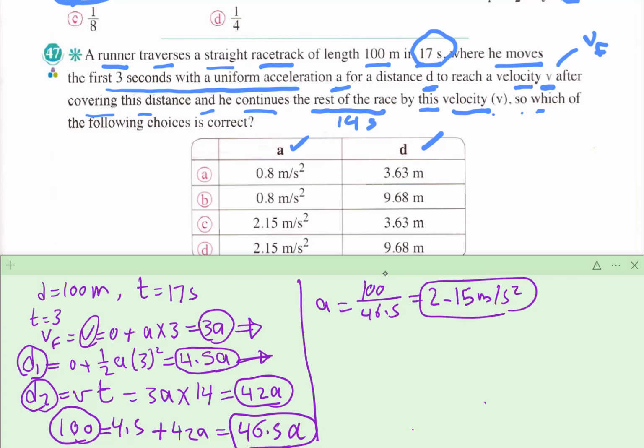Sorry. What we need is the distance he covered in the first 3 seconds, because he said that the D here is the distance he moved in the first 3 seconds. Right, guys? So what we have?